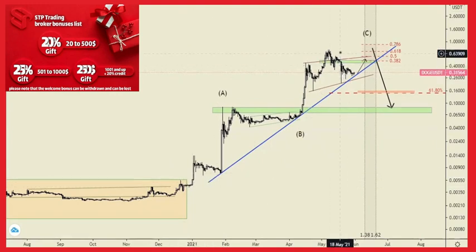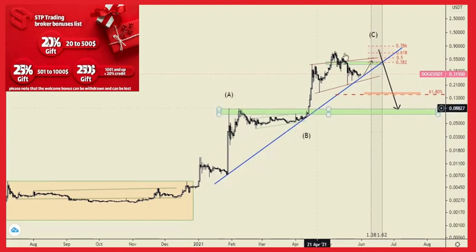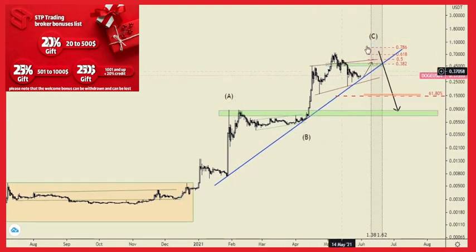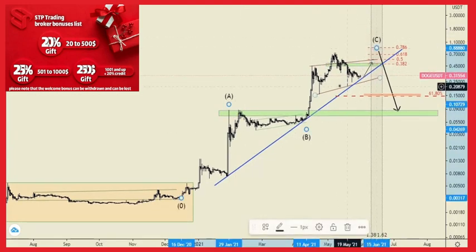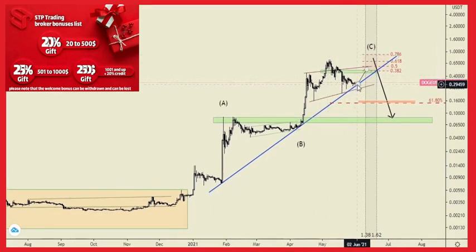We now have a pattern at the bottom of the chart that we can label as A, B, and C. If this part of the chart is a zigzag, we first need to see the price reach this green area, and then the bullish trend will end and we will see a bearish trend.